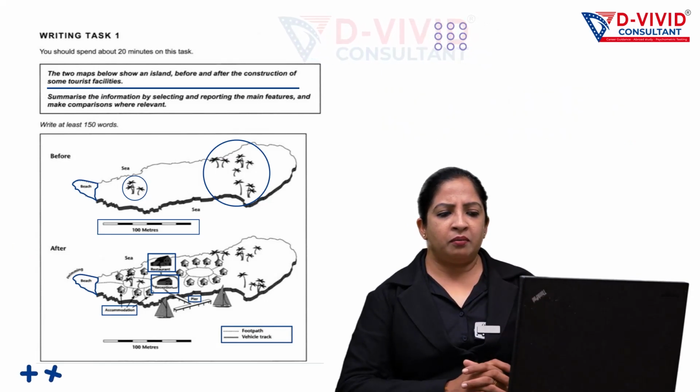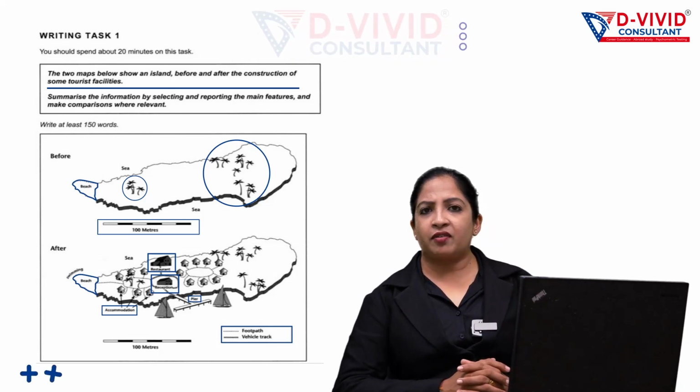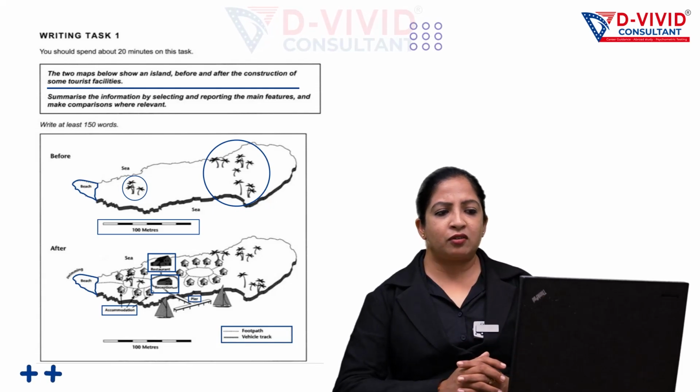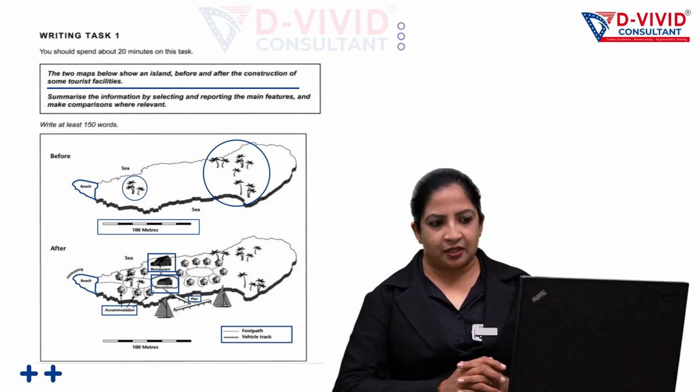Now if we talk about the overall section, what should we write? Because in the before map there is not much to be described, right? We just have a beach and a couple of trees.